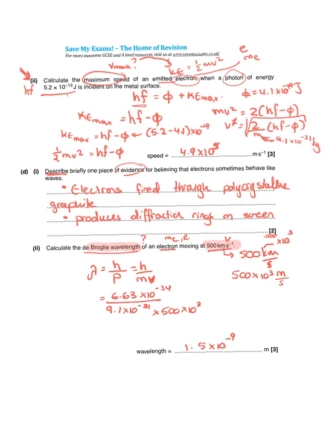A quick hint here: if you can't be bothered to put all the numbers in, or you want to save time and you're really good with your indices, then you can focus on the powers to simplify them to just one power. So this is 10 to the minus 34. Since this is a denominator, when you bring it up, it becomes positive. Times 10 to the minus 3, this becomes negative. And you end up having minus 34 plus 31 as minus 3, and minus 3 plus minus 3 is minus 6.